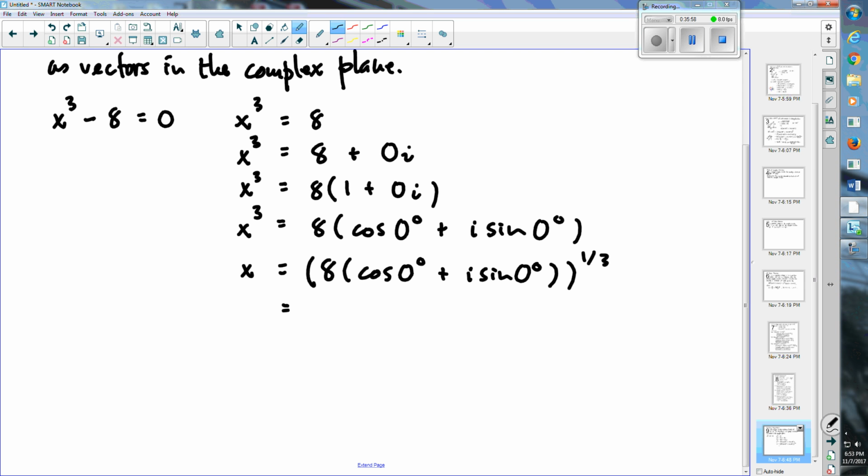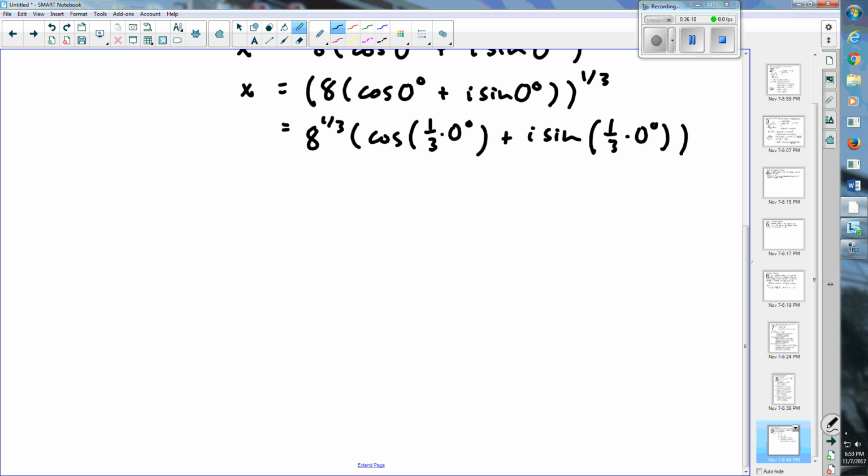Now I know I can write 8 to the 1/3 times the cosine of 1/3 times 0 degrees plus i sine of 1/3 times 0 degrees. And 8 to the 1/3, well, we know is 2.